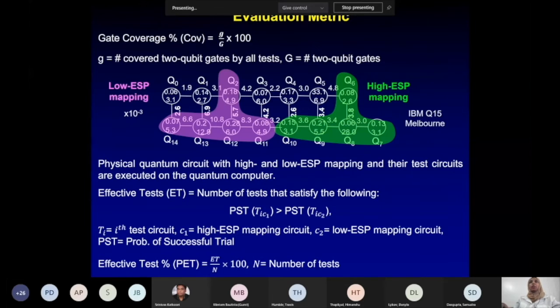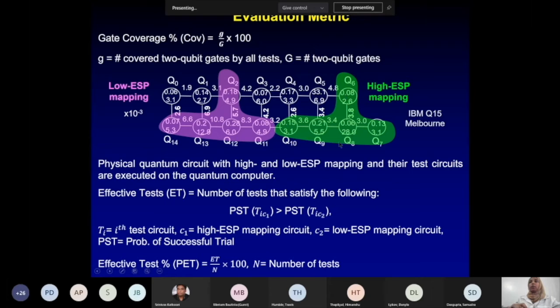And so the question here is, how do we assess how good these test circuits are? We use a gate coverage metric that looks into how many of these gates are actually covered by all the test circuits. In the evaluation phase here, what we actually did is that we use a quantum compiler to allocate physical qubits and generate the corresponding physical quantum circuit with a very high estimated success probability.